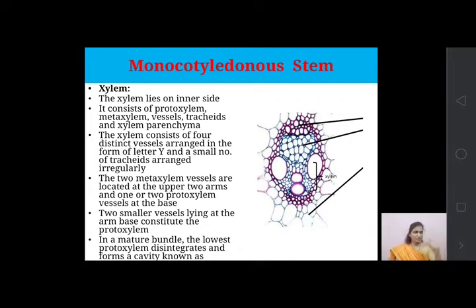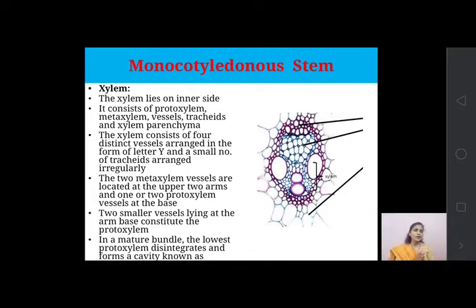Two smaller vessels lying at the arm base constitute the protoxylem. So the larger vessels are known as metaxylem, and the smaller vessels present at the base of the arm are known as the protoxylem.